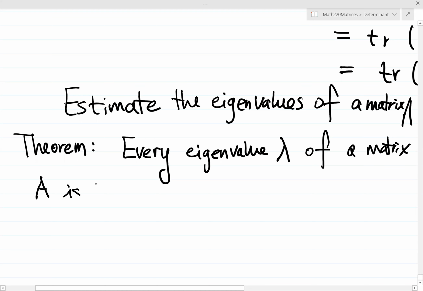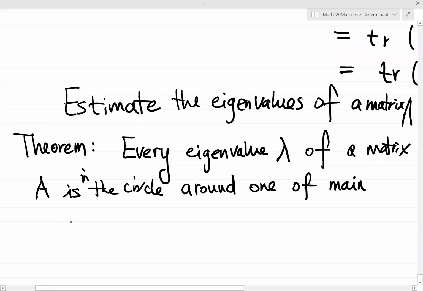The eigenvalue lambda is in a circle around one of the main diagonal entries.